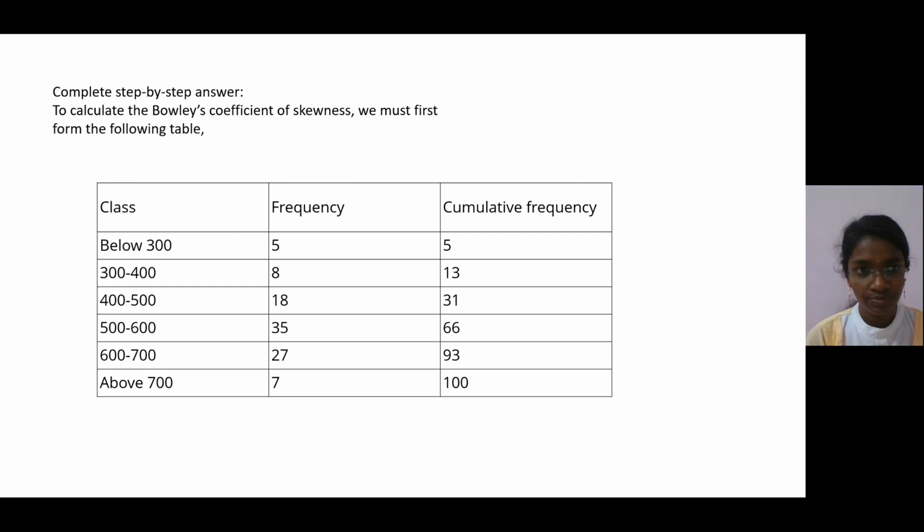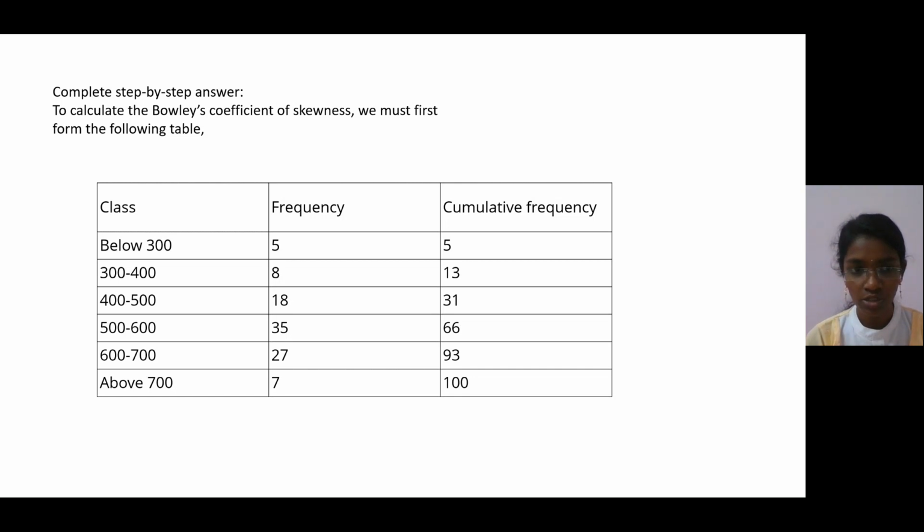To calculate Bowley's coefficient of skewness, we must make the following table, with class intervals, frequencies and cumulative frequencies. We find cumulative frequencies by adding frequencies: 5, 5 plus 8 is 13, 13 plus 18 is 31, 31 plus 35 is 66, 66 plus 27 is 93, 93 plus 7 is 100.